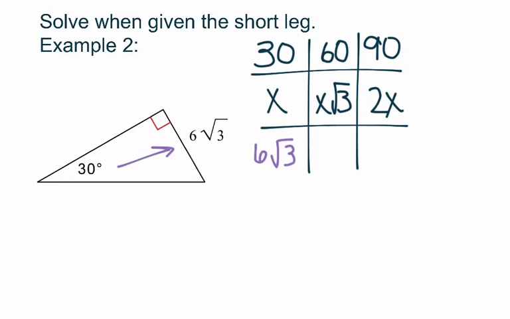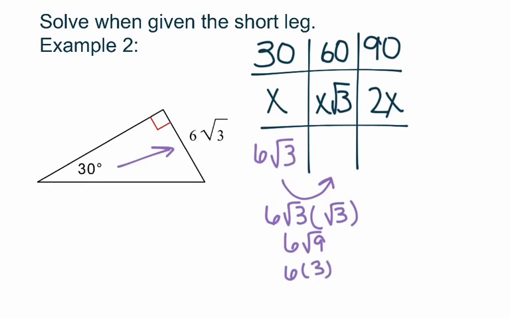Since I'm going from left to right, I'm going to multiply. So we have 6 square root of 3 times square root of 3. We get 6, and 3 times 3 is 9. So we get 6 times 3, which is 18.